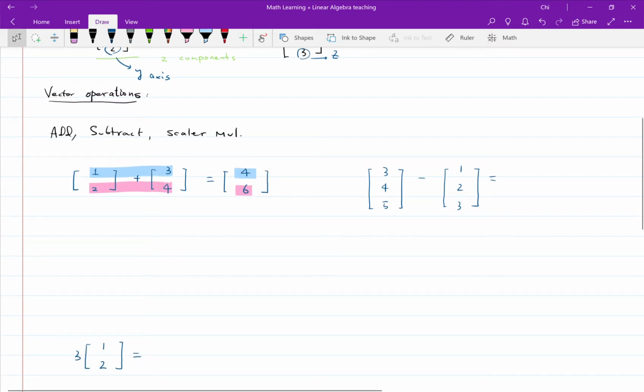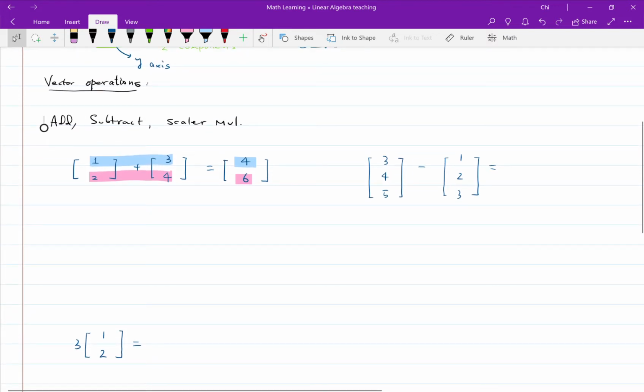So if we want to formalize it, this is how we write a vector. Normally, in a mathematical book, a vector is written in bold letters, something like this. But it's not a really good idea if you're writing by hand. So normally we simply write the letter with an arrow on top of it to show that it's a vector.